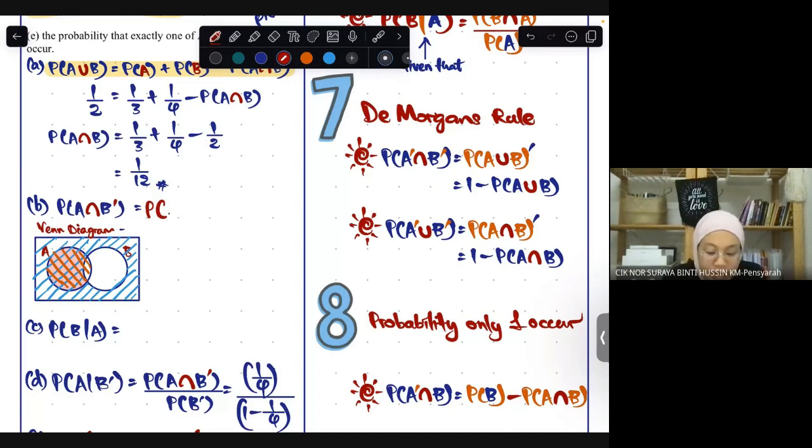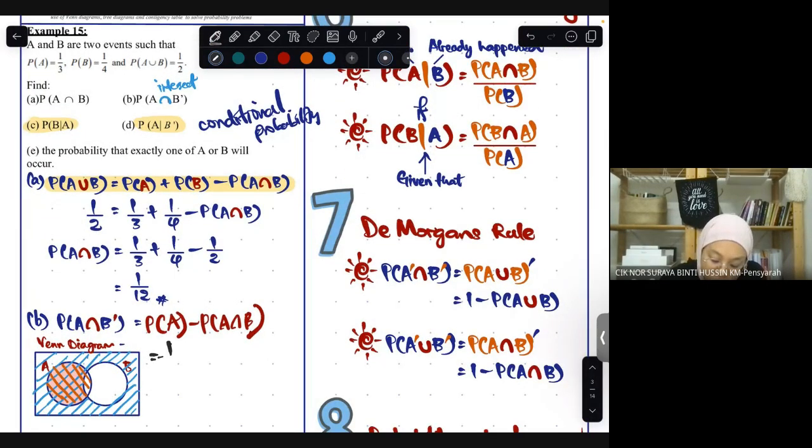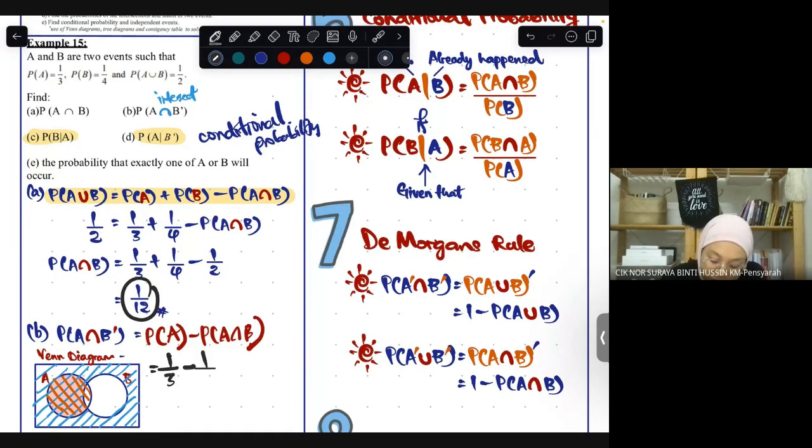So the whole moon A minus the intersection between A and B, probability of A and B. And then you already know that probability of A is 1/3, minus the intersect from here, 1/12.